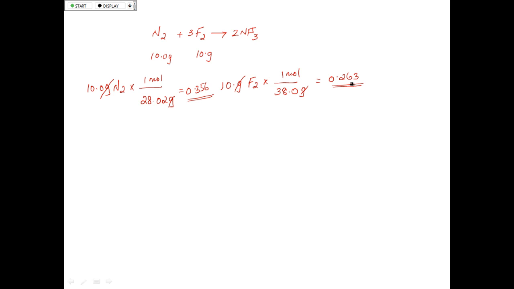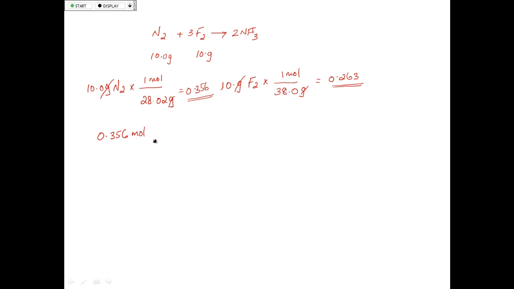Once we get the number of moles, what do we do? Pick up the first one's number of moles and calculate theoretically how many moles of the other reactant you need using the mole ratio. So for nitrogen you have 0.356 moles. How many moles of fluorine do you need for a complete reaction?